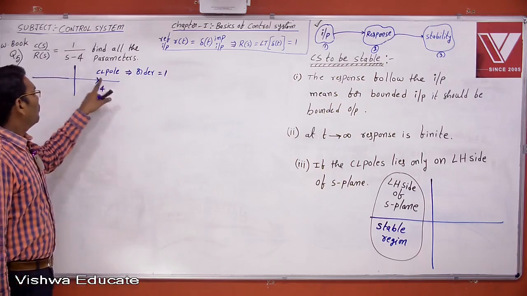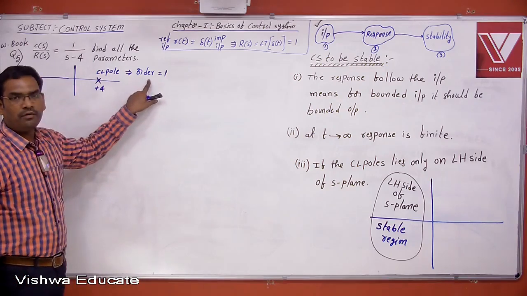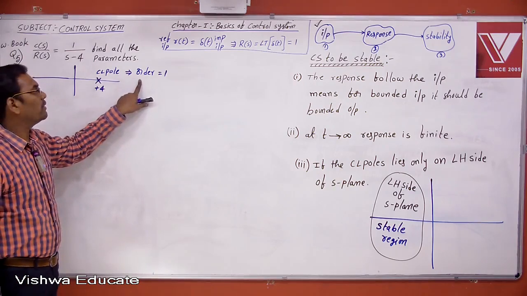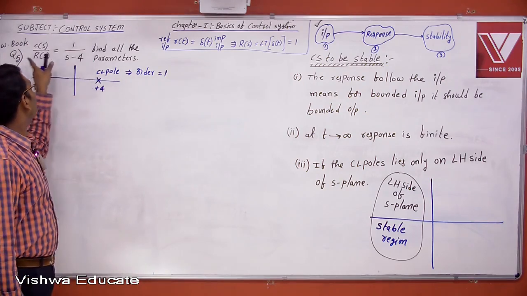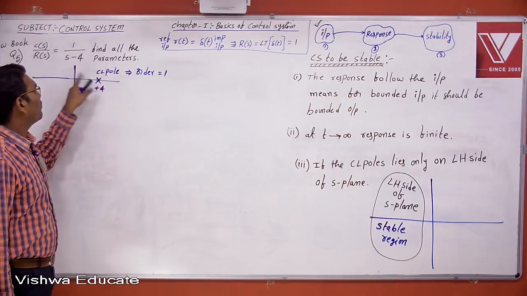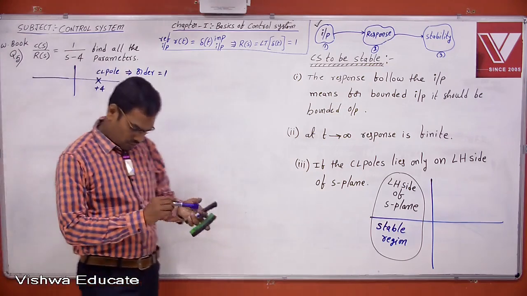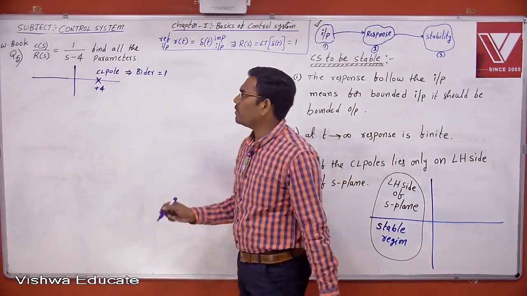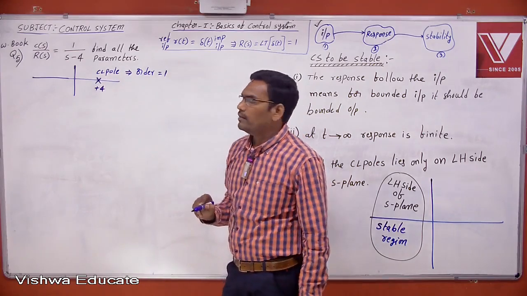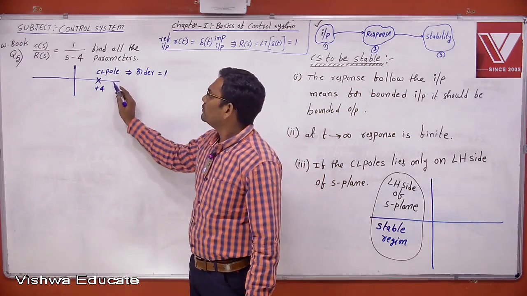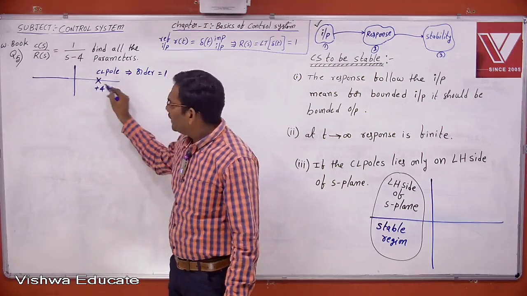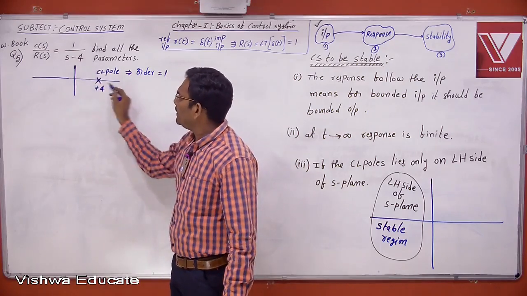Now see here, only one closed loop pole, therefore order equals 1. This is question number 5 in your workbook. Find all the parameters. With one closed loop pole, order equals 1. Is there any imaginary part? No, the pole has only a real part, no imaginary part.